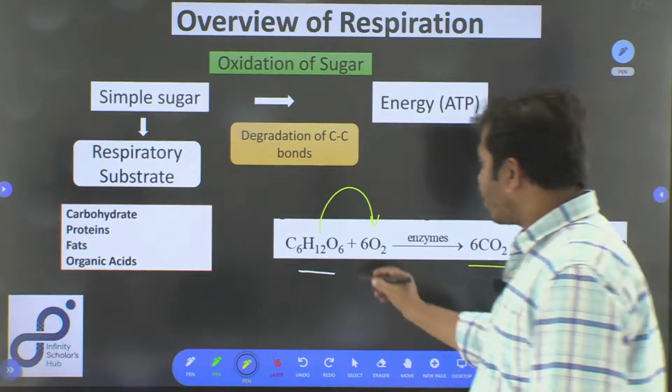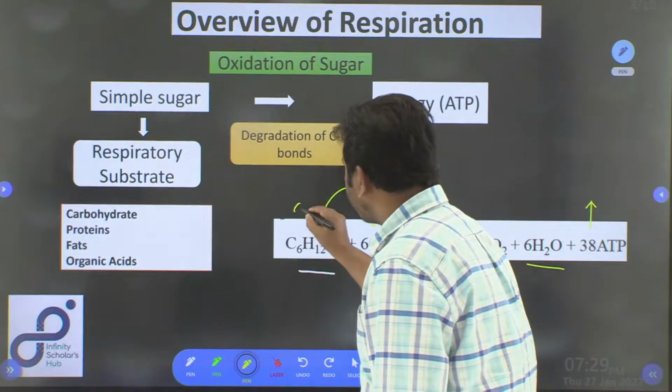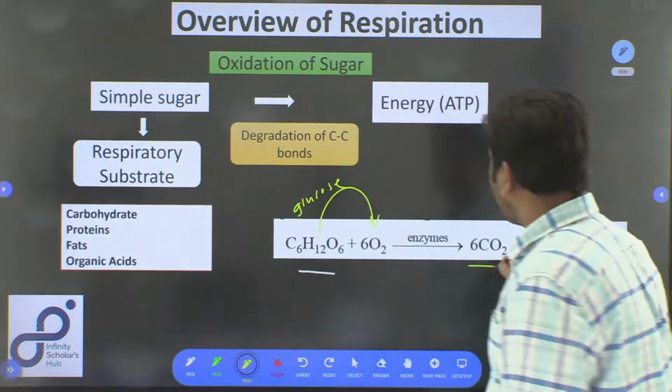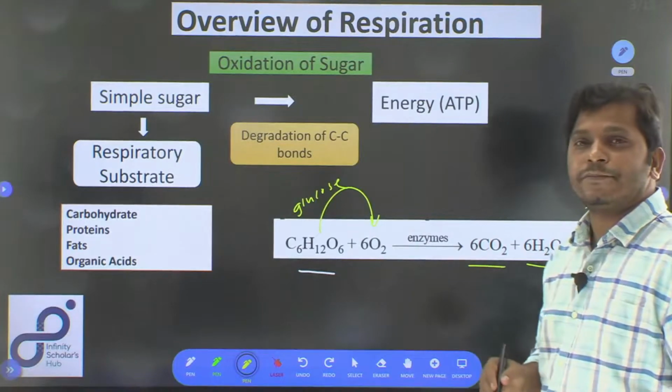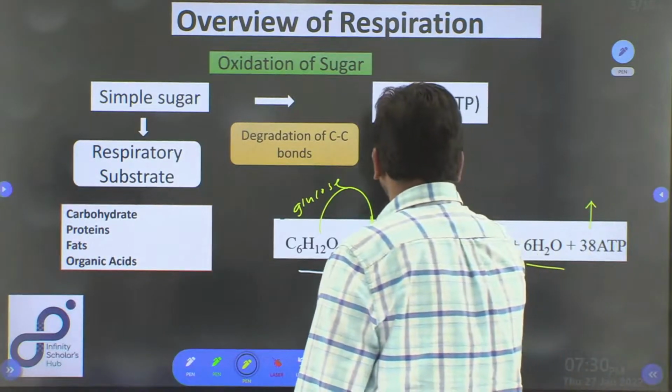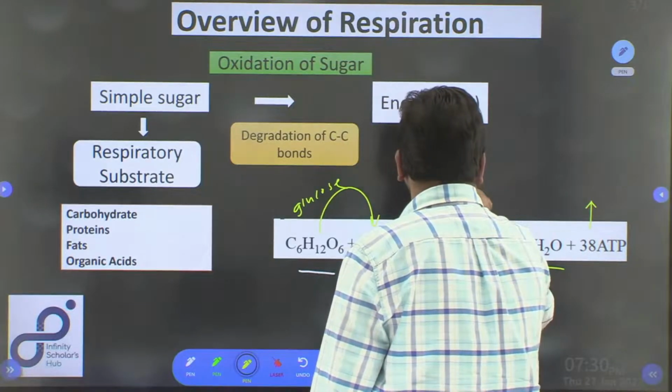So a complex molecule, glucose, is degraded into simpler molecules like carbon dioxide and water, and that is why such reactions are called catabolic reactions.